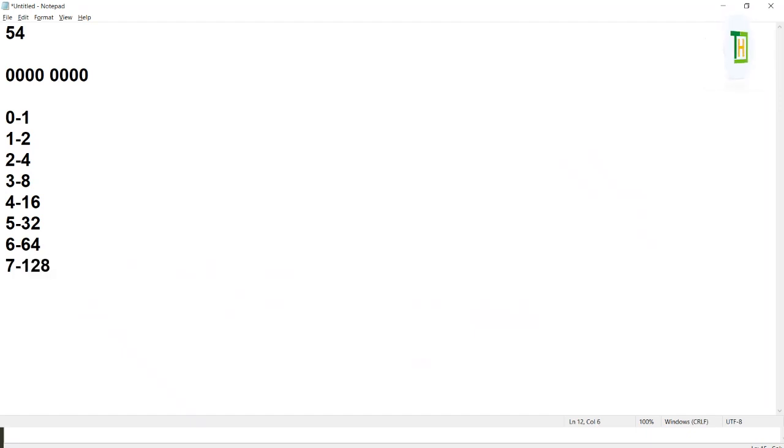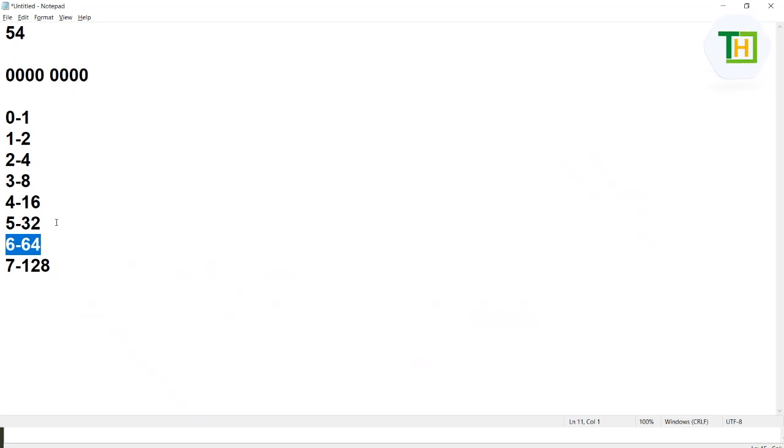Now I'm going for 54 here. I'm going to convert 54 into a binary value. What is the nearest smaller power of 2 for 54? For example, 2 power 5 is 32. If you go for 2 power 6, that is 64, which is larger than 54.